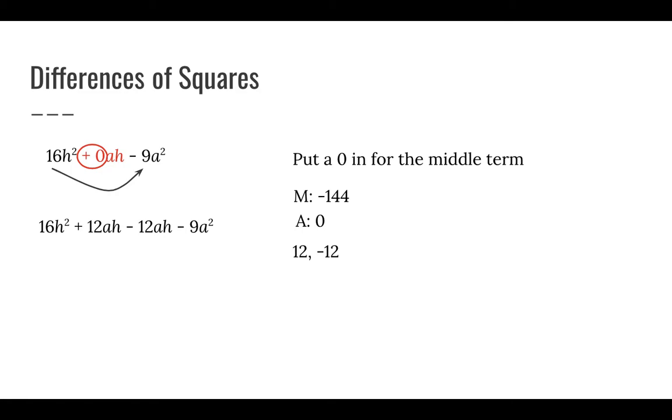And I go through my factor by grouping steps. The first two terms, 16h squared and 12ah, they both have a 4 and an h that goes into them. So what I have left over is 4h plus 3a. If I look at the second two terms, what they have in common at most is a negative 3a.